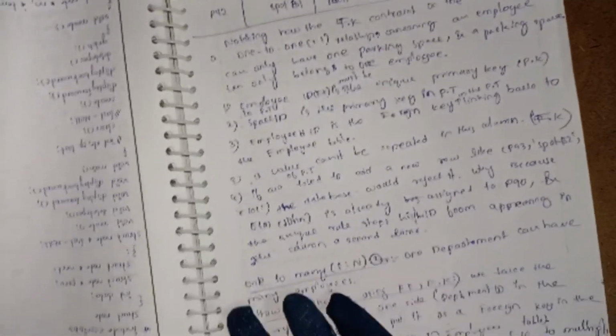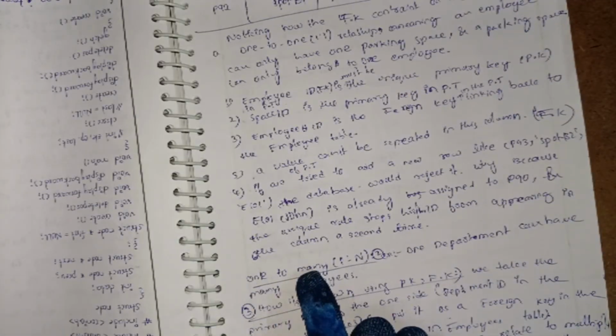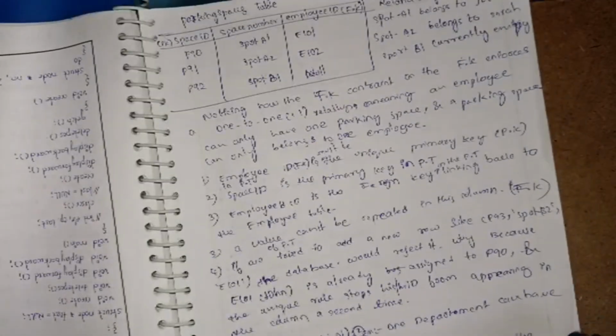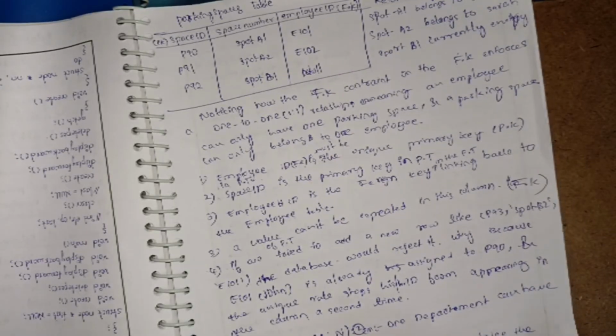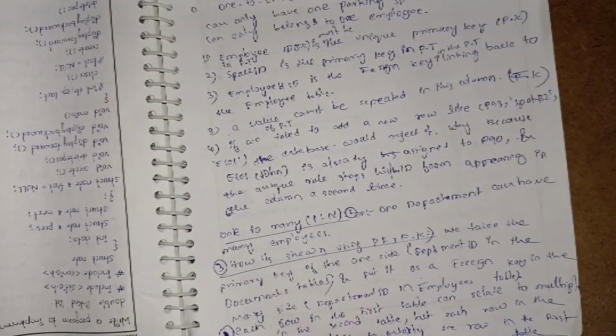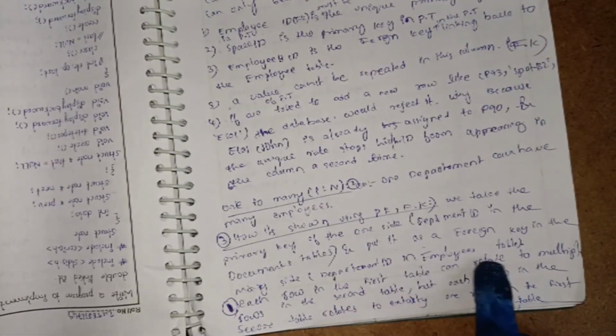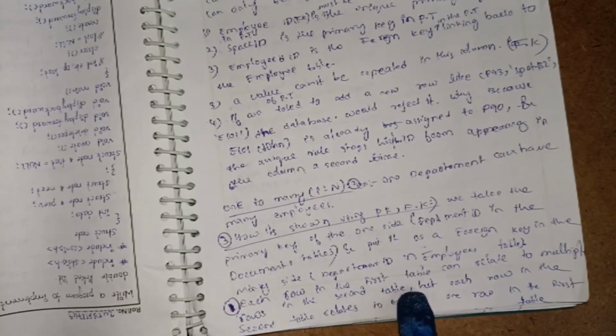This means we have to consider one-to-many and many-to-one. In the one-to-many, we have seen each row in the first table can relate to multiple rows in the second table.